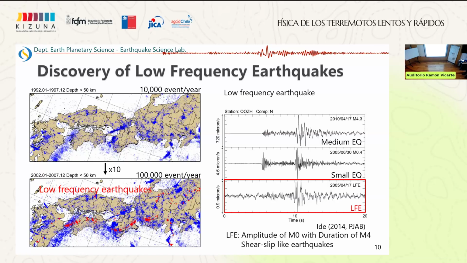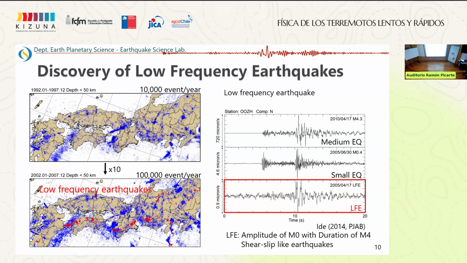This is a low frequency earthquake, a newly observed event around here. Its shaking period is similar to medium size, not like small size, which is more high frequency. But if you compare amplitude, this amplitude is very small, less than 1 micron per second, even smaller than a small earthquake of magnitude 0.